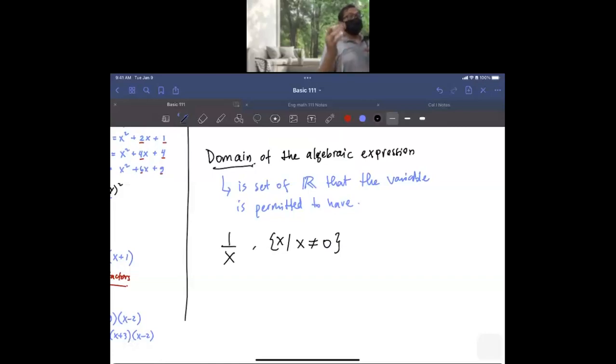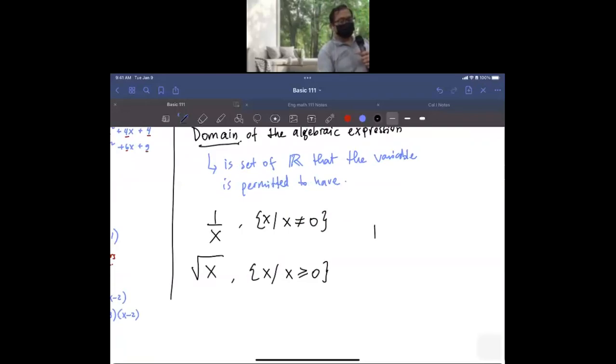And then previously we also have the radicals, that have a problem when it's negative, we cannot define this in the real numbers. So we need to have some constraint or restriction that x is greater or equal to 0. So at least 0.